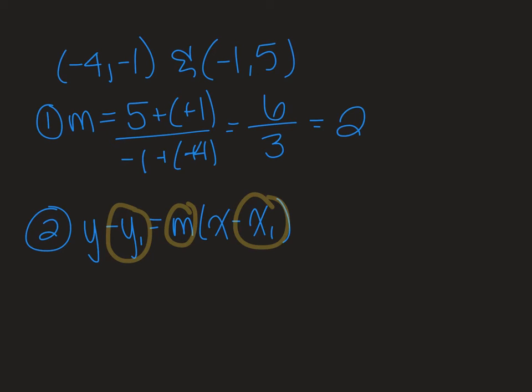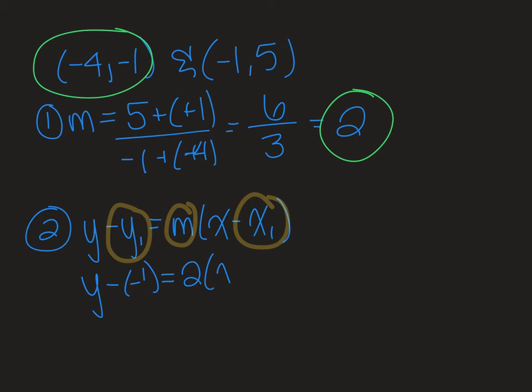I'm going to just go ahead and use this first point, and of course we're going to need that slope. So we have y minus -1 equals 2 times x minus -4. Go back and do those signs. So we have y plus 1 equals 2 times x plus 4.